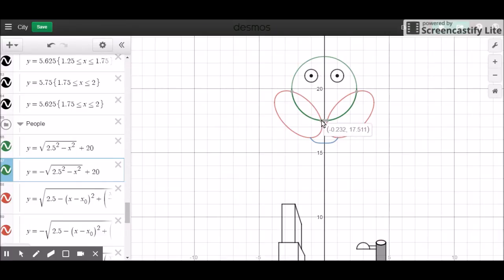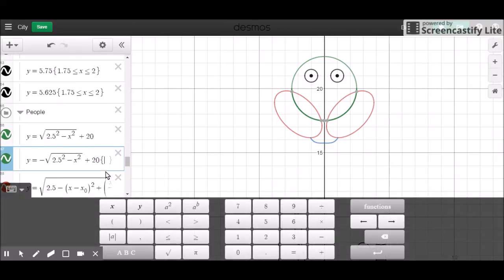So when we clean up, it's going to go from 17.511. In fact, we're going to do y is greater than 19.768.